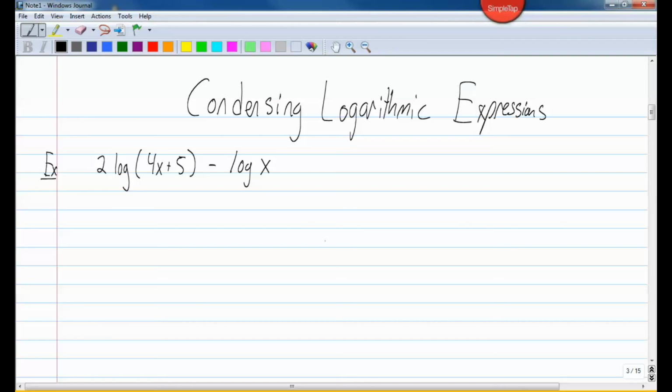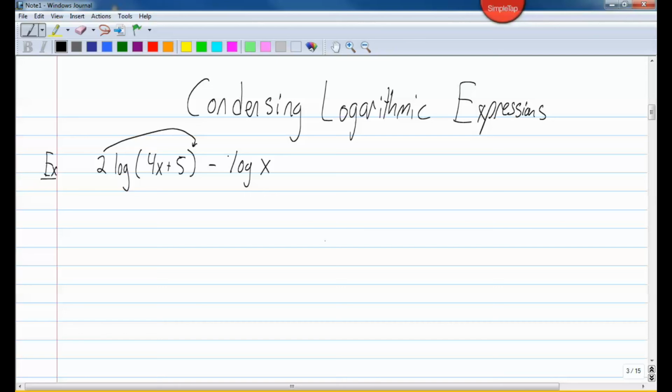Alright, so it's almost like we want to go through the opposite progression with what do we do first. With expanding logarithms, the last thing we do usually, not all the time, but most of the time, is the power rule. Well, the first thing that we do when we condense logarithms is if you have a number in front of a logarithm, then you need to move it up and make it a power.